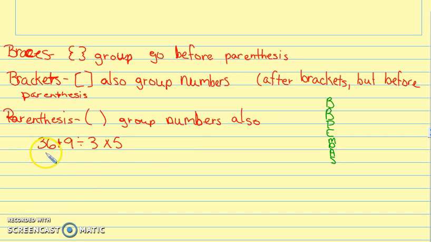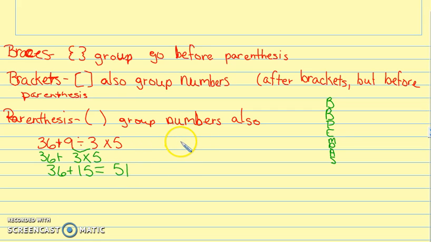So we would do the division problem first because it is first from left to right. 9 divided by 3 is equal to 3, times 5. Now we can do 3 times 5, which is equal to 15. And 36 plus 15 is equal to 51.